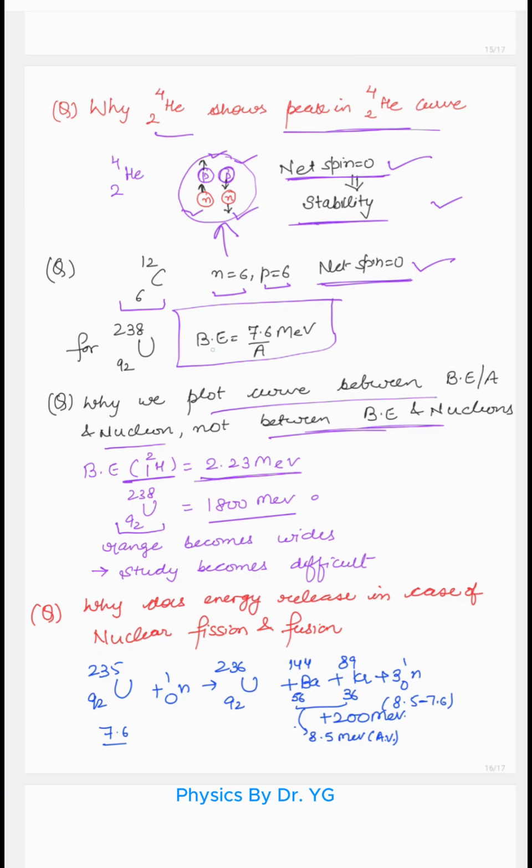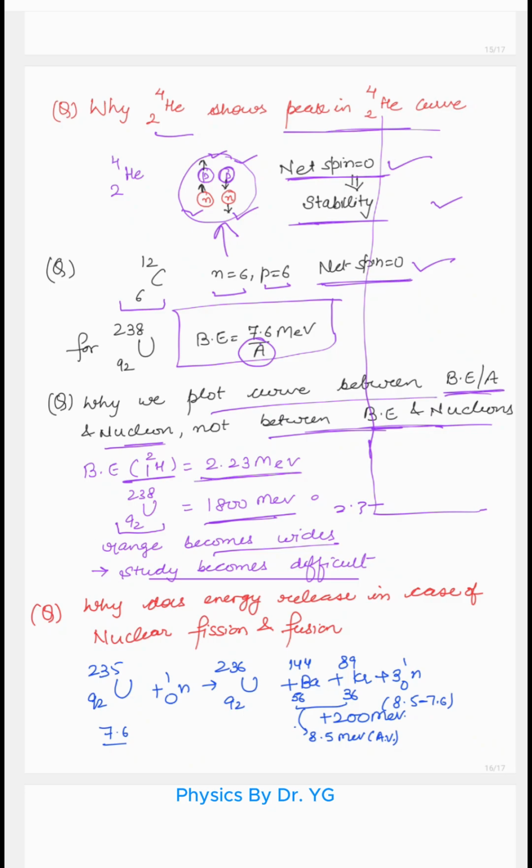For uranium, the binding energy per nucleon is 7.6 MeV, but the total binding energy is 7.6 times the number of nucleons present, so it is 1800 MeV. So if we try to plot a curve between these, like this is 2.3 and this is 1800, it will go very long and we can't even study it completely, so the range becomes wide and study becomes difficult. That's why we have plotted the curve between binding energy per nucleon and number of nucleons instead of binding energy and nucleons.